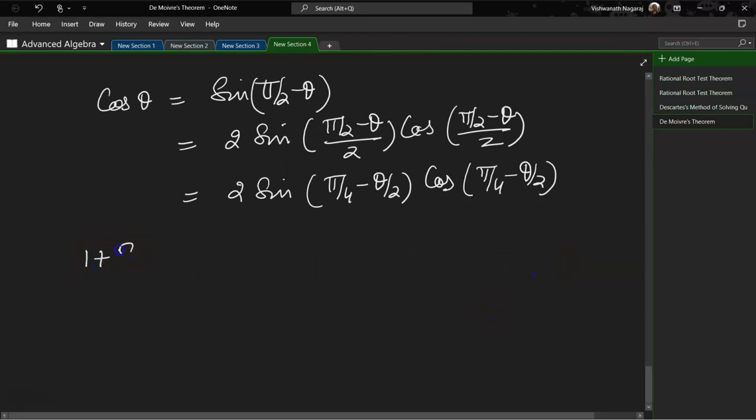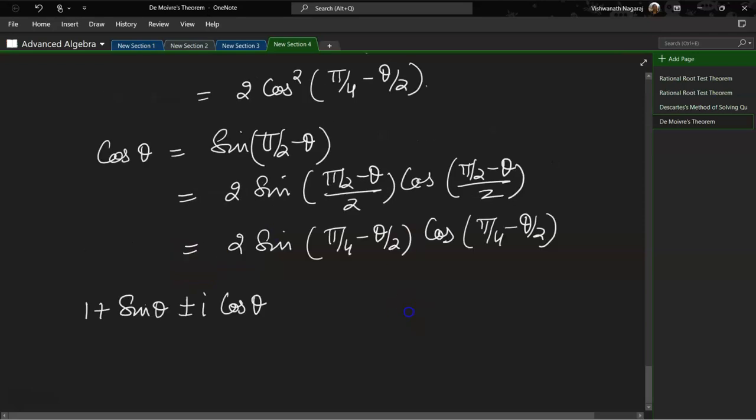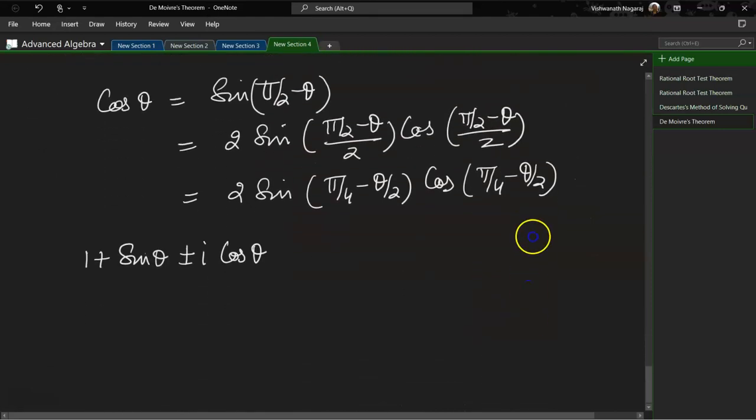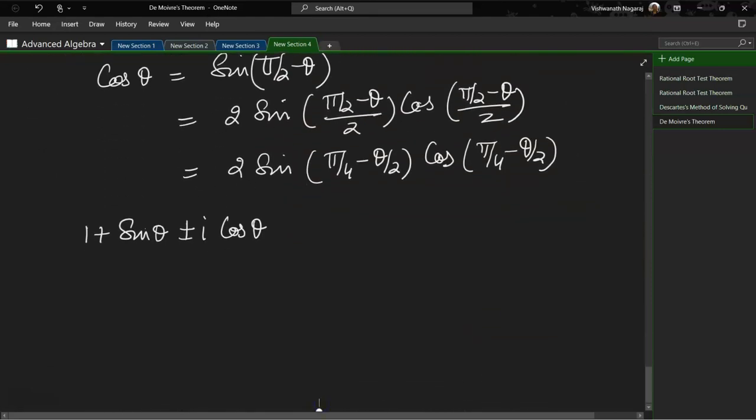We have 1 plus sine theta plus or minus I cos theta. Why I'm saying plus or minus is because in both the numerator and the denominator I have the same terms except this plus and minus. So I'm taking care of both the cases together.